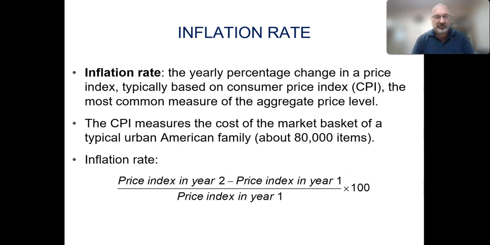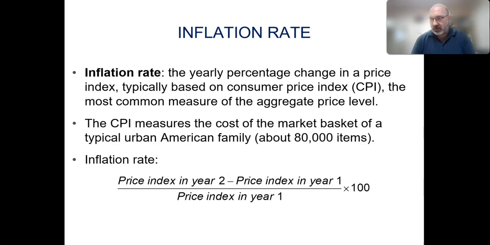So the inflation rate is the yearly percentage change in the price index. The CPI is not the inflation rate itself; it's the change in the CPI that is your inflation rate. Basically, it's year two minus year one, divided by year one, times 100.